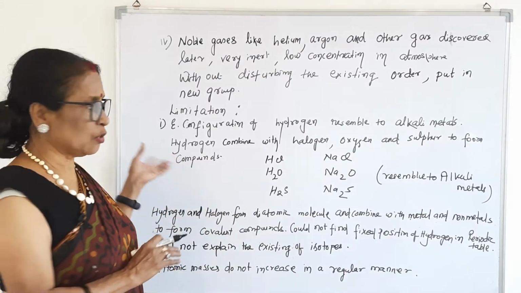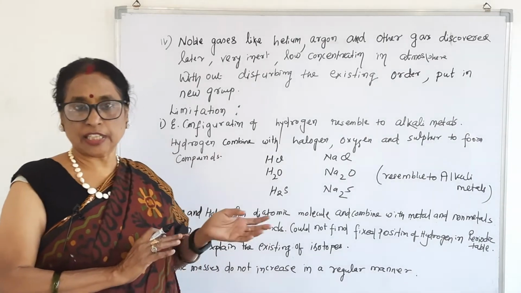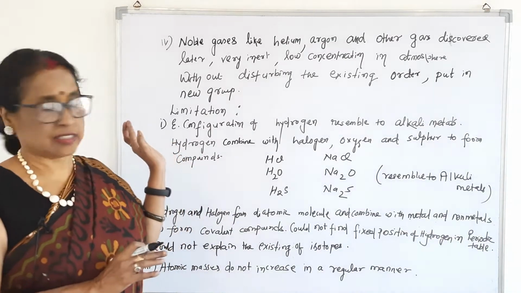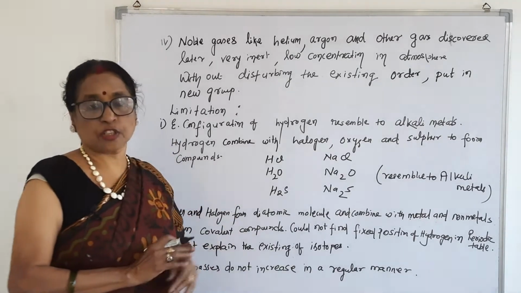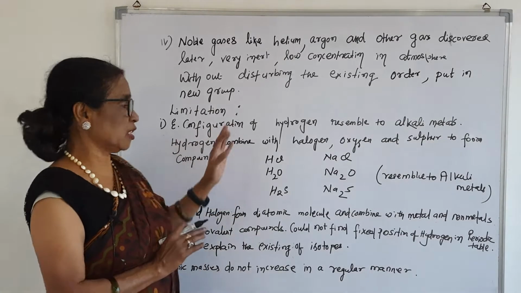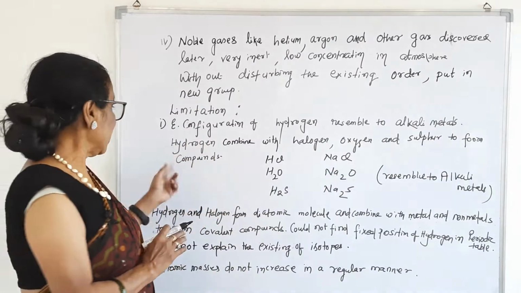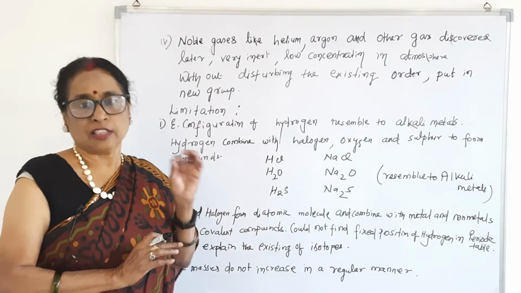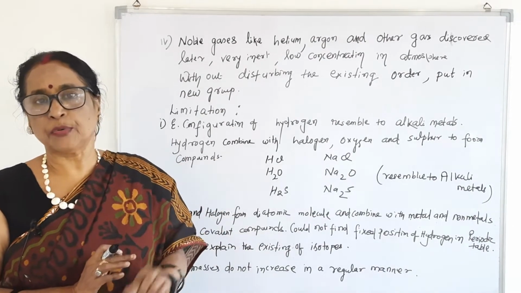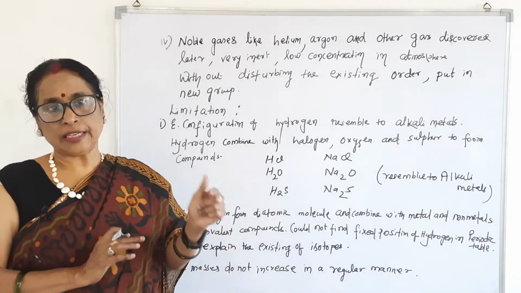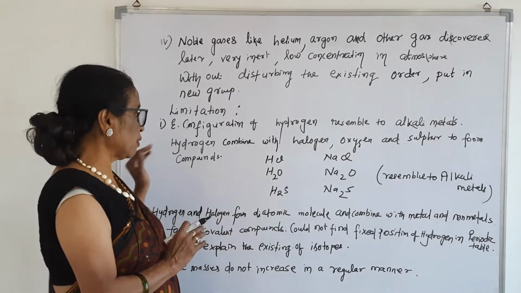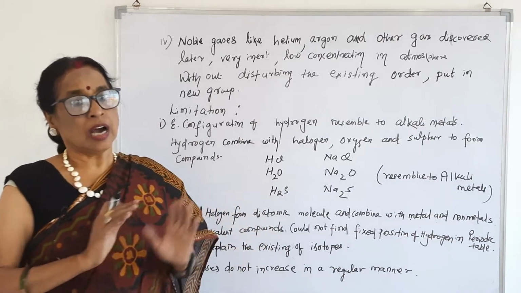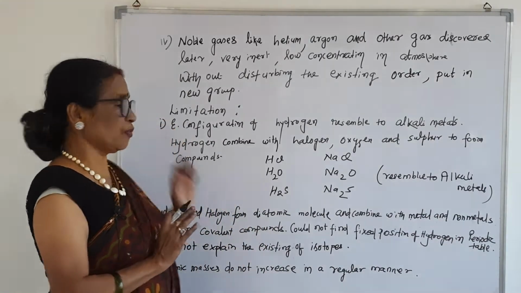According to configuration, you have already read in the atomic structure chapter that the configuration of hydrogen is 1 and that of the alkali metals, for example sodium, is 2, 8, 1, and potassium 2, 8, 8, 1. So hydrogen is similar to alkali metals regarding configuration.